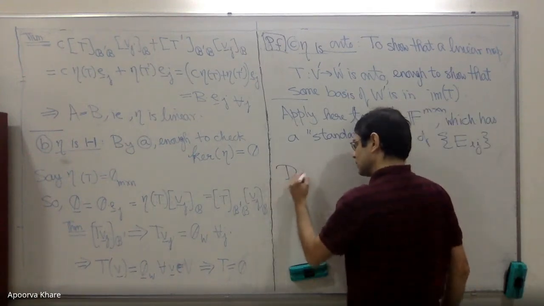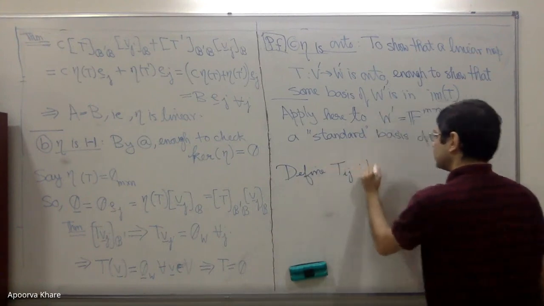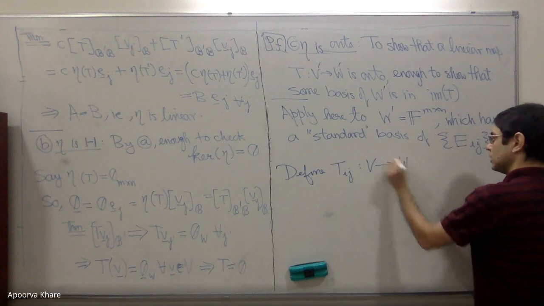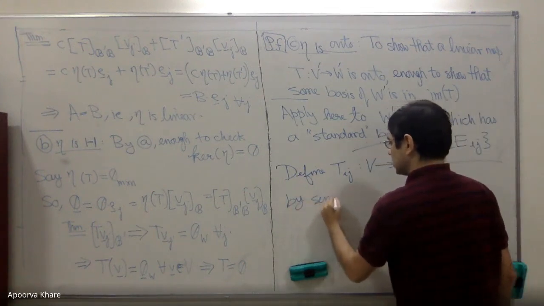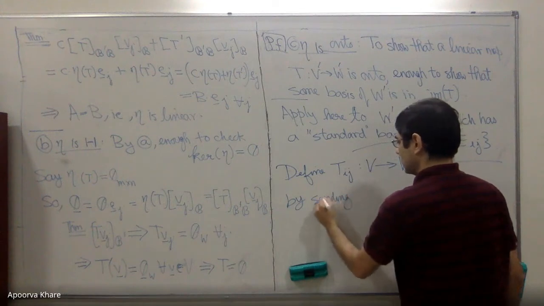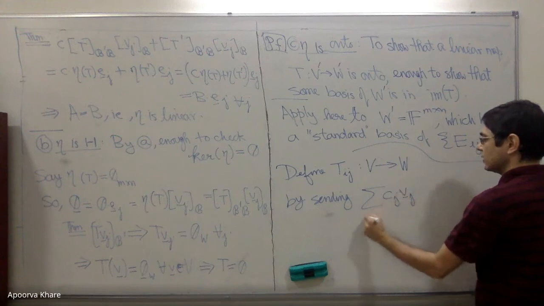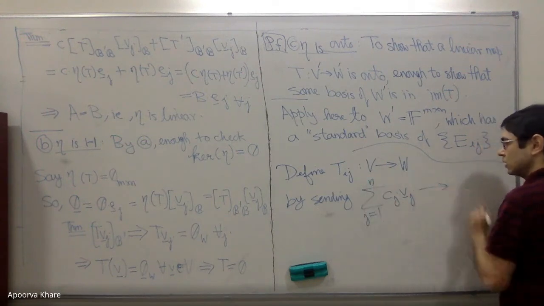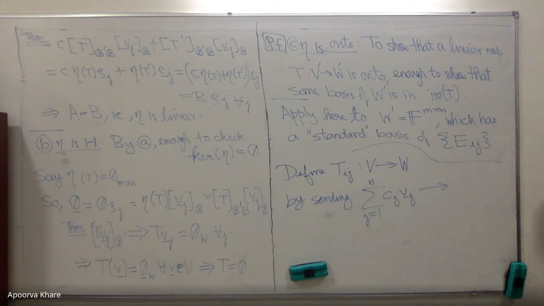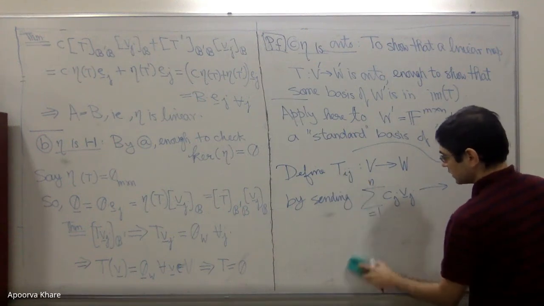So define T_ij from V to W, by sending the summation c_j' v_j', to c_j Wi. Let's not call this i, let's call this j prime.